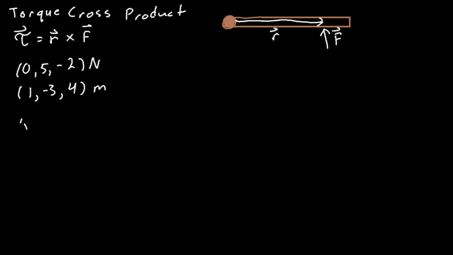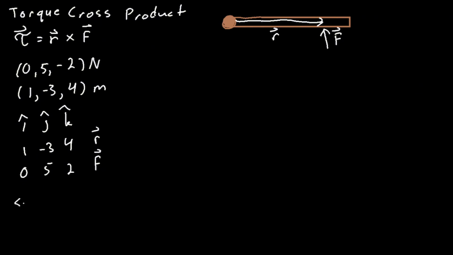So again, I'm going to set it up with the i hat, j hat, and k hat. 1, -3, 4, 0, 5, 2. And we're going to solve for the cross product between r and f. So this is r up here, and this is f down here.